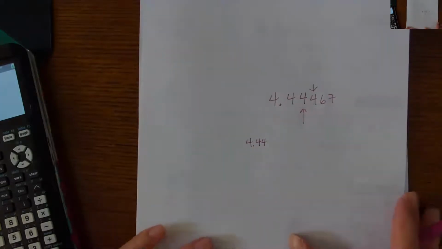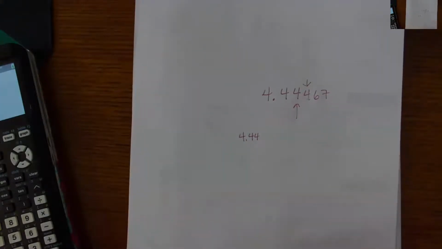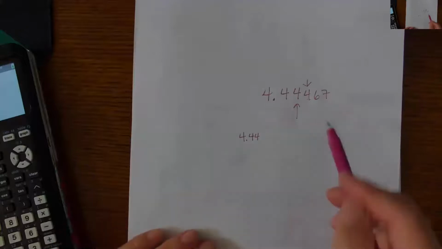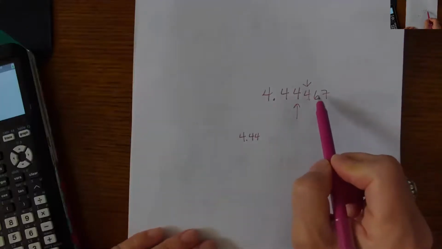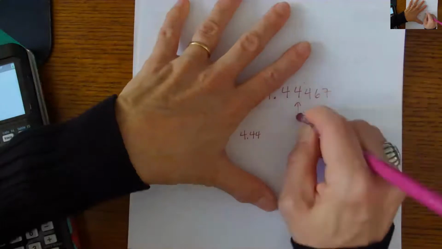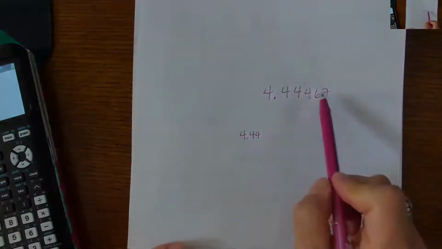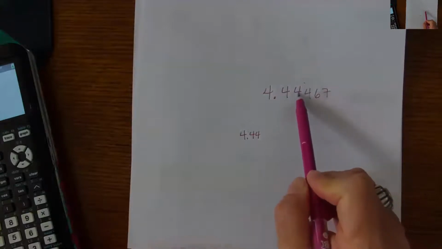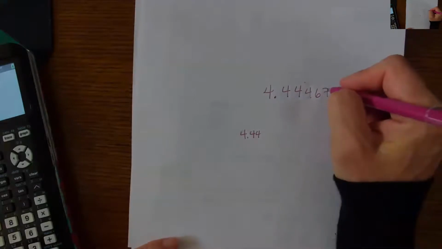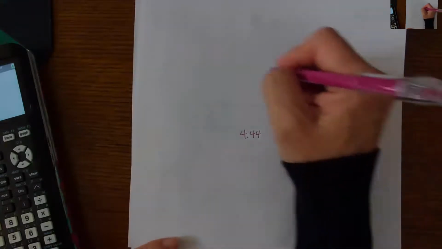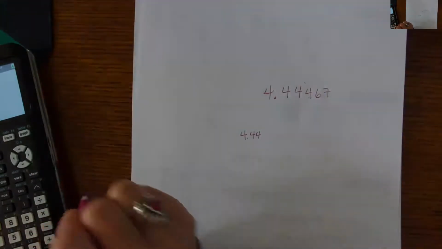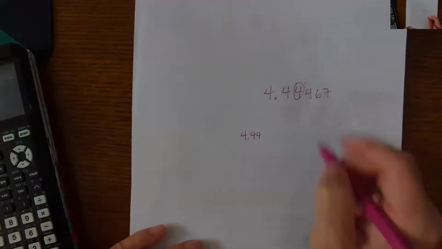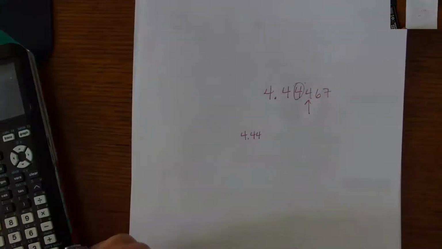I've got quite a lot of people, in all different classes from calculus to everywhere, who look at this 6 and say, well, this 6 would change that to a 5. So then that 5 would change that 4 to a 5, right? They're going all the way out to the last number they see and rounding all the way over. Don't do that. If you're rounding to this number, you only look at the number next to it.